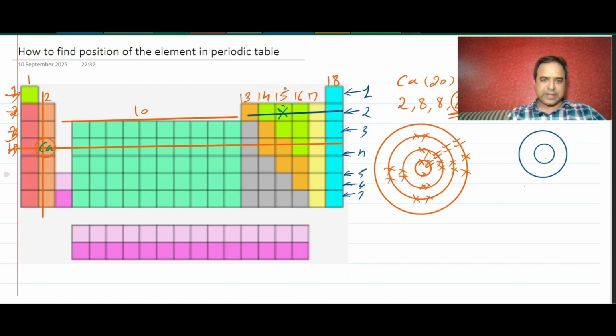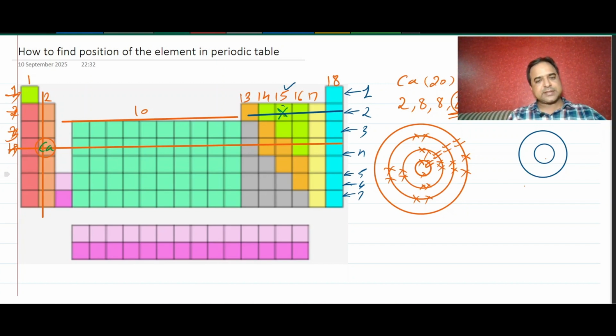Here you can see it is the 15th vertical column, but as you know, we started with first, second, third, fourth and fifth. Then why are we writing 15? Again I am reminding you, 10 transition elements are there, that is why we added 10. Otherwise you will take it as fifth.